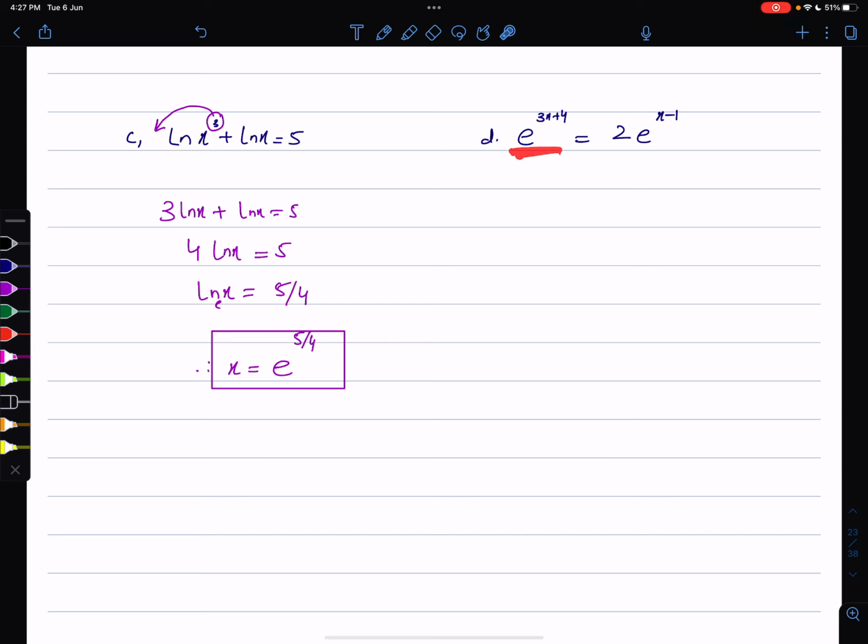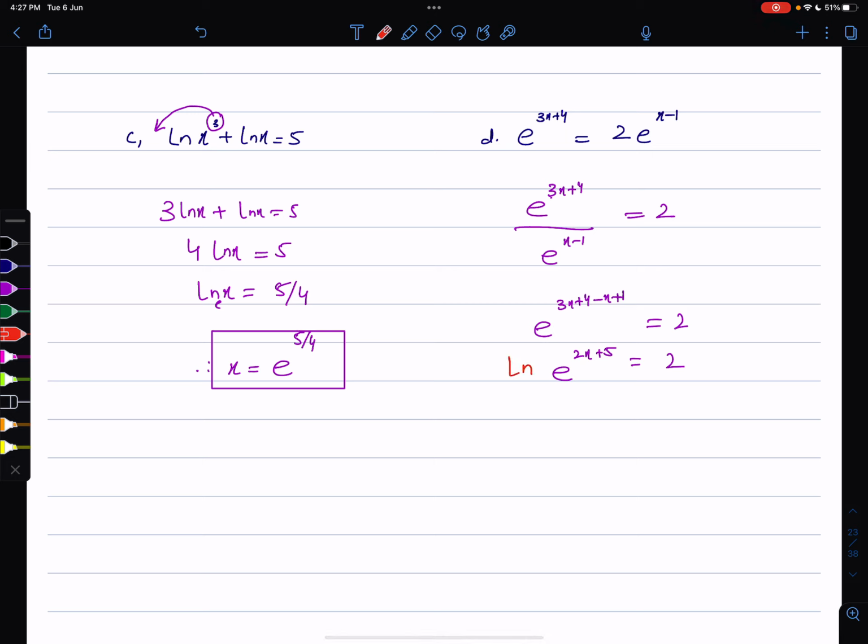So e to the power of 3x plus 4 divided by e to the power of x minus 1 equals 2. So e to the power of 3x plus 4 minus x plus 1 equals 2. e to the power of 2x plus 5 equals 2.